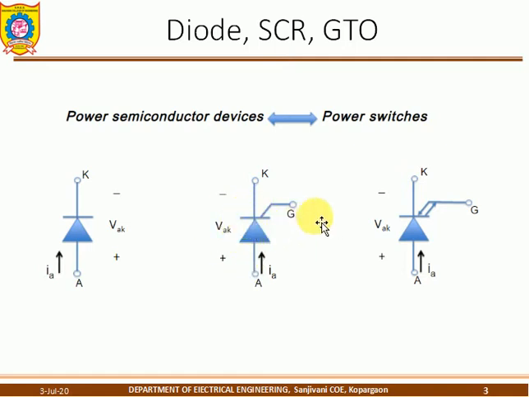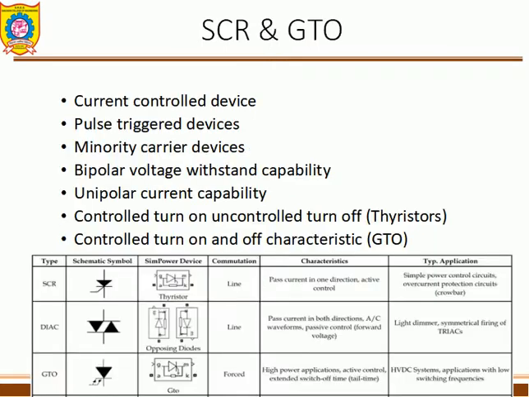Then the next one, the GTO. In the GTO, I can turn off the device using the gate terminal, which is possible in the GTO. So this is a very nice differentiation between the SCR and the GTO. In the forthcoming slides I will explain the difference between the SCR and the GTO. Then next, you can see in the slides the common characteristics.